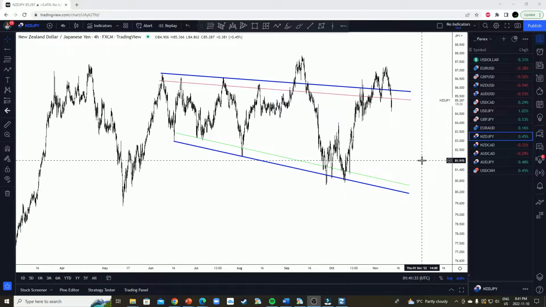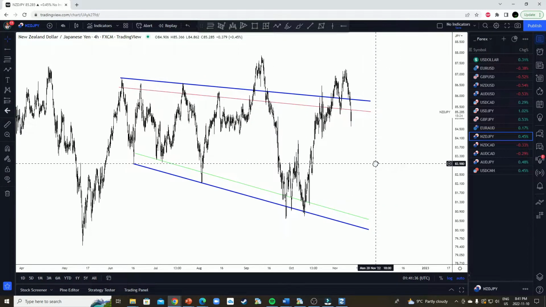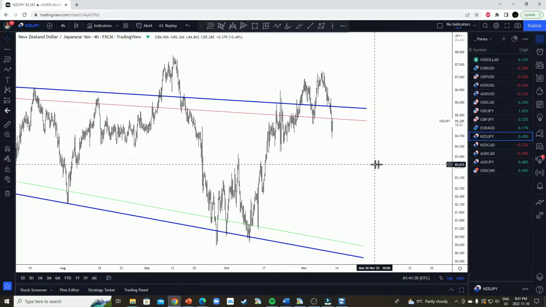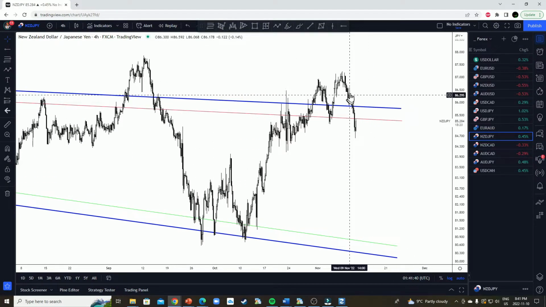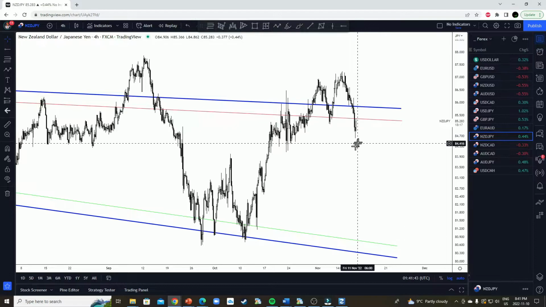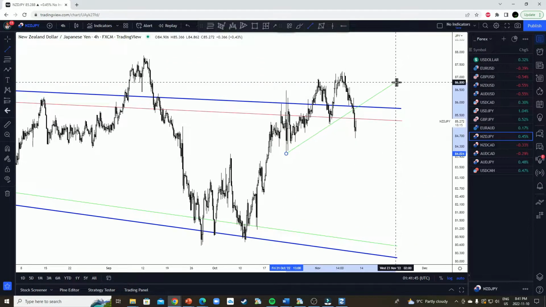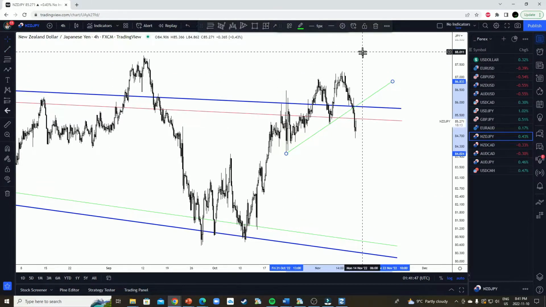All right, this is week 3 on Thursday. So what I did here is I shorted the New Zealand yen in this zone here where we had, let me draw the shape.